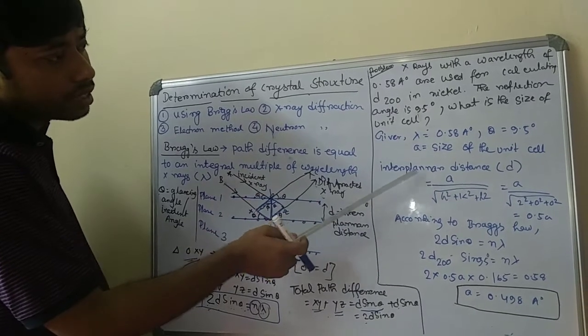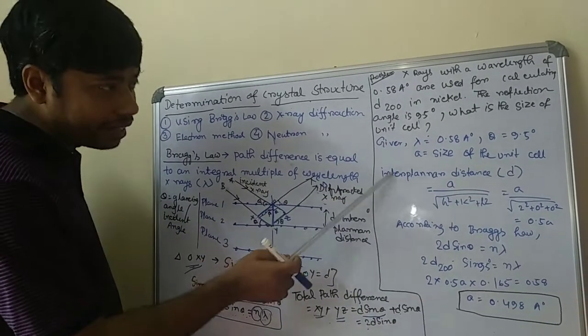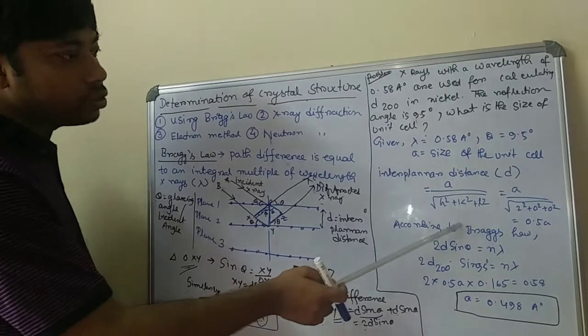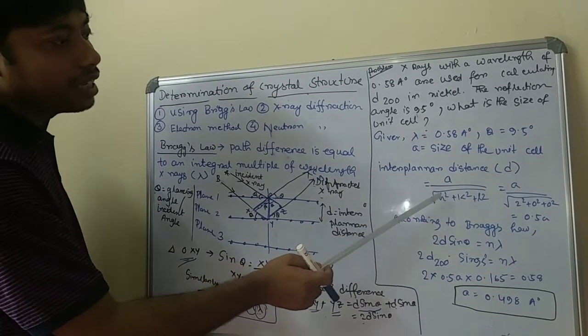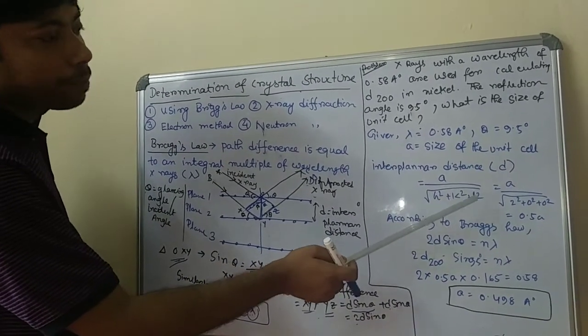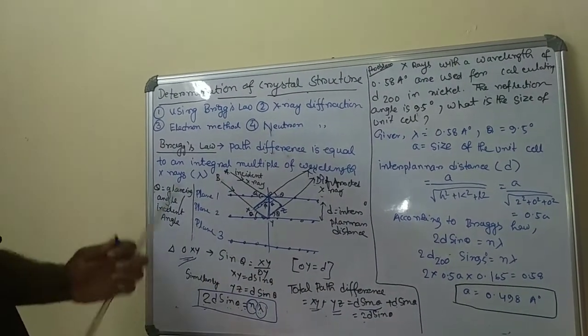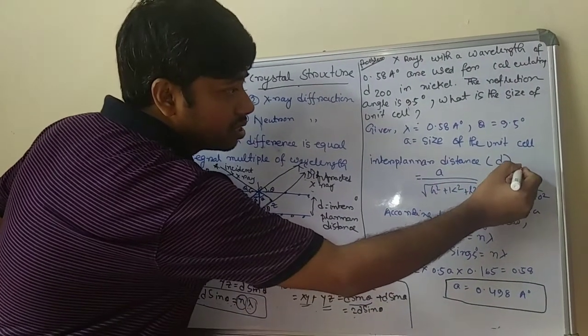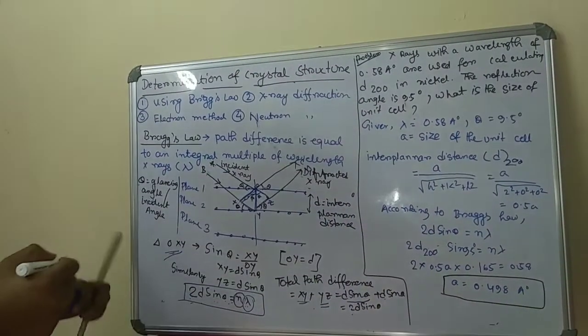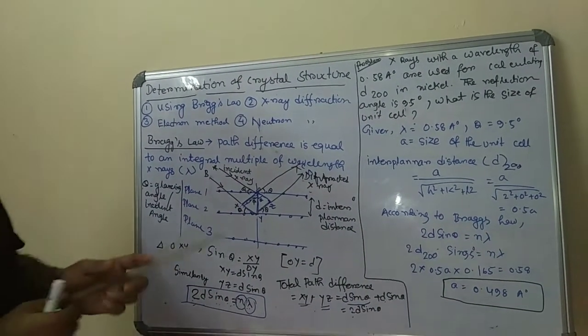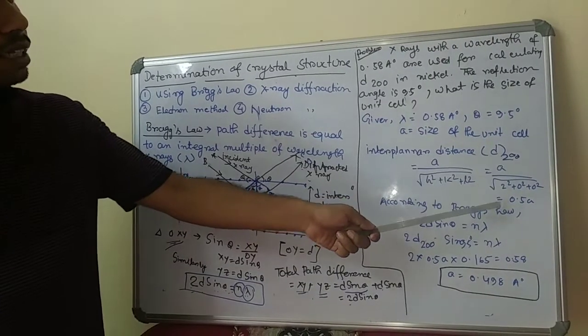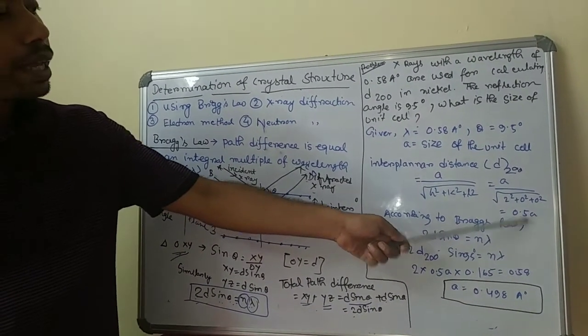So the interplanar distance for the plane 200 will be a divided by under root of 2 square plus 0 square plus 0 square. So d means d200, and that will be equal to 0.5a.